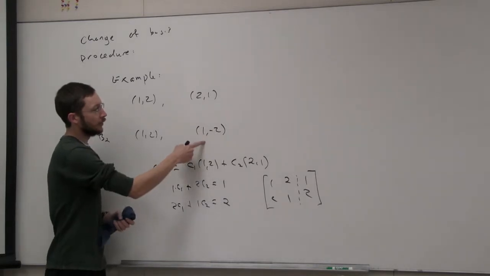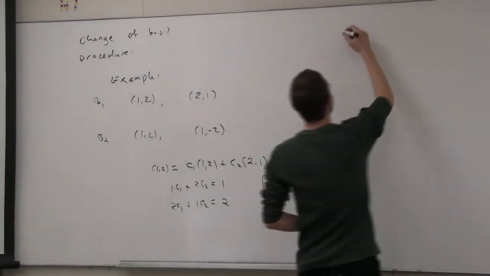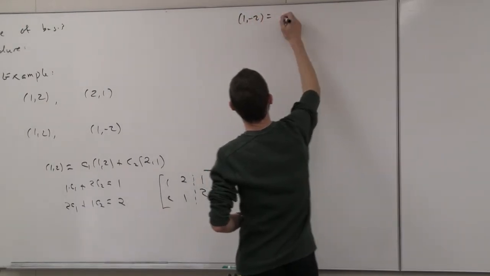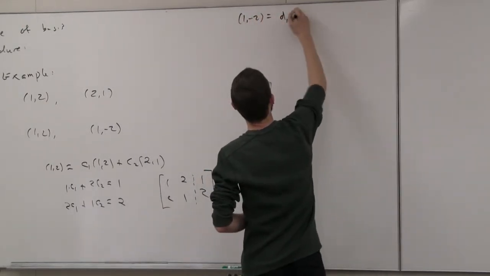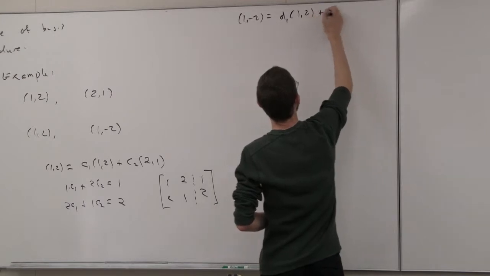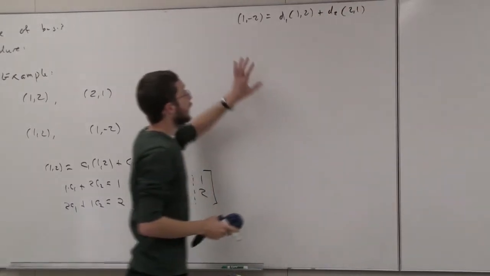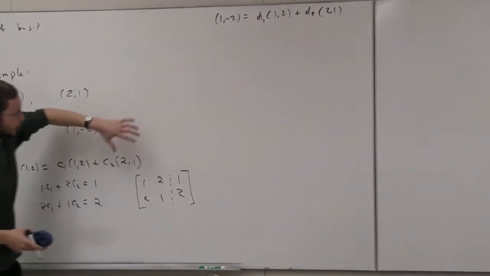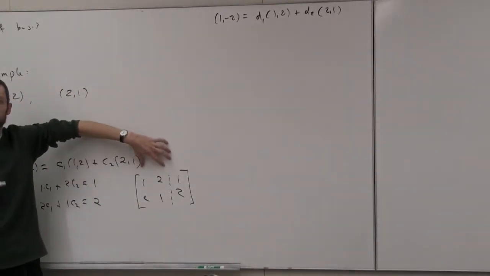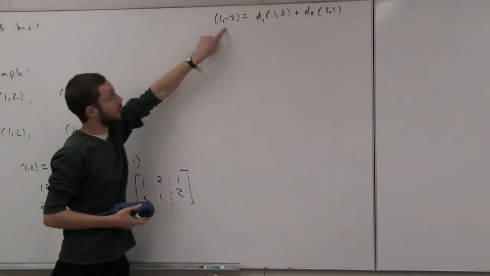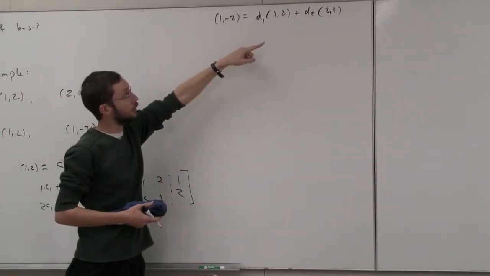Let's consider the second basis vector (1, -2). Same deal: we can think of it as D1 copies of (1, 2) plus D2 copies of (2, 1). In that same way, you can set up a matrix, and if you row reduce it, you'll track down D1 and D2 that re-express this basis vector in terms of the previous two.